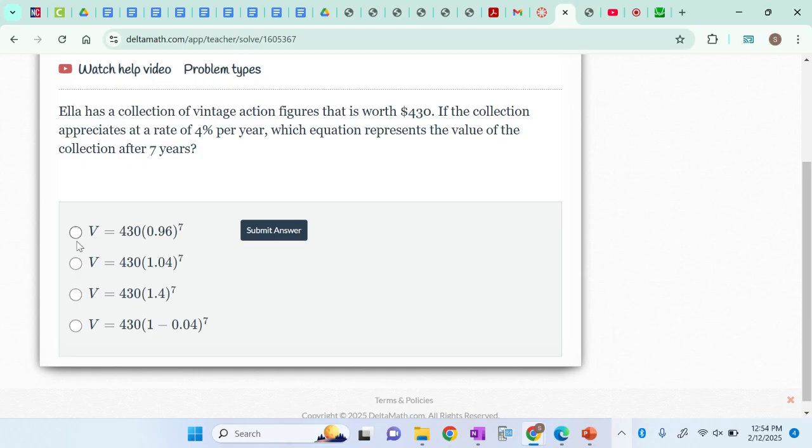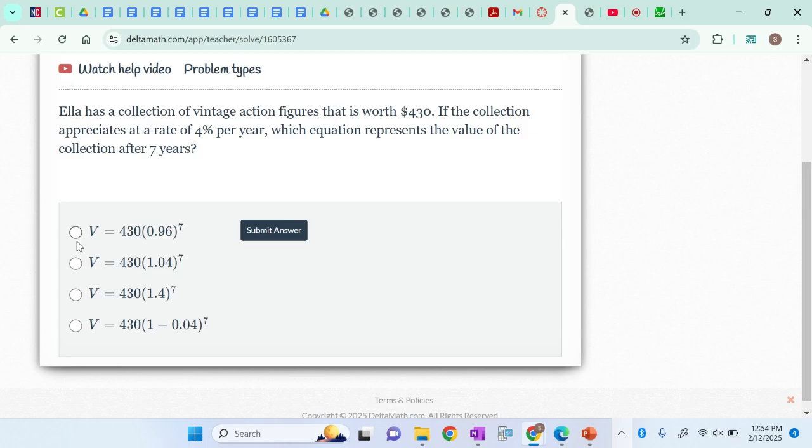Okay? So the answer to this one is 2. Let me show you why. This is what we call an exponential growth or decay problem. You learned this way back in Math 1.